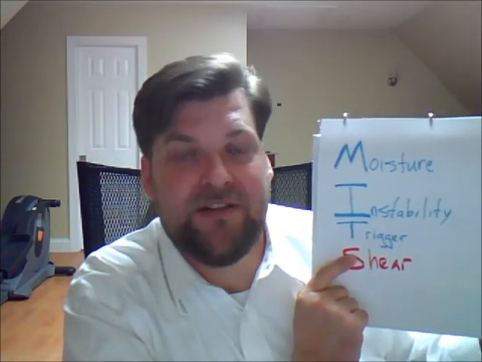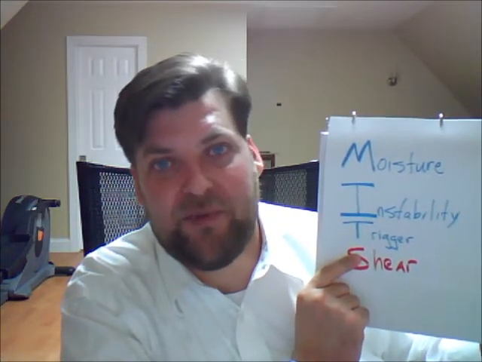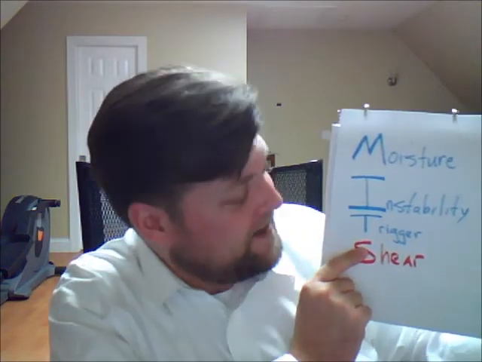And the rotation associated with a supercell thunderstorm can and does spawn the tornadoes, especially the big ones that we see. Not all supercells produce tornadoes. Exactly what causes one supercell to produce a tornado and another supercell in a similar environment to not produce a tornado, it's called the tornado genesis question.